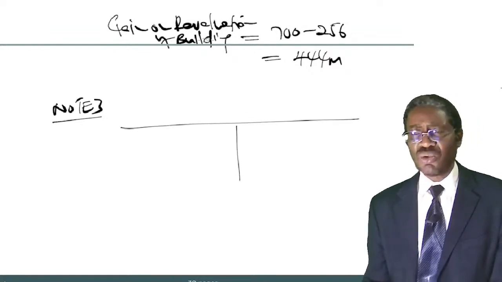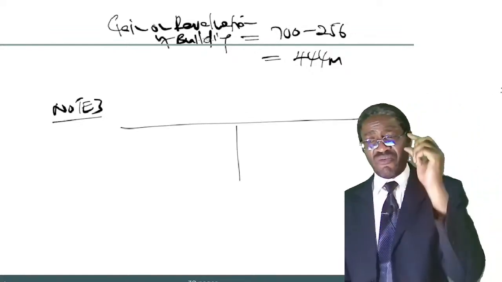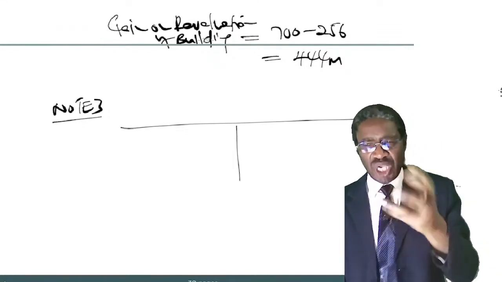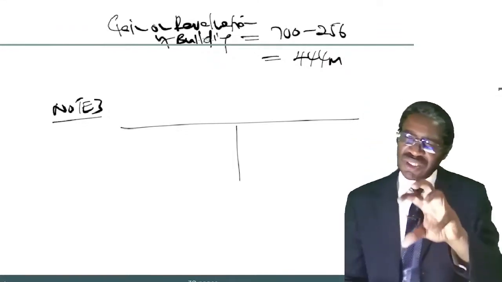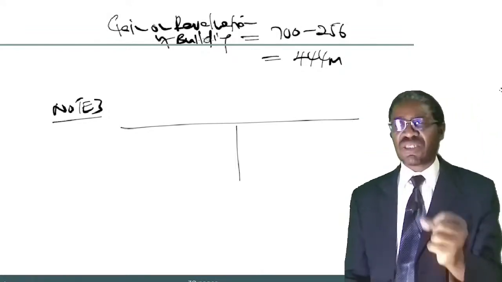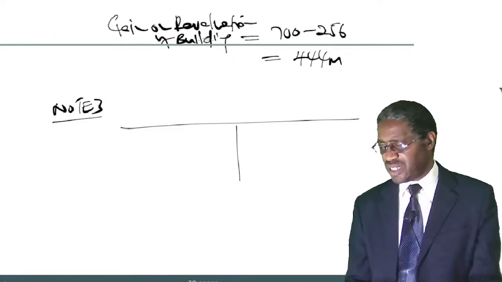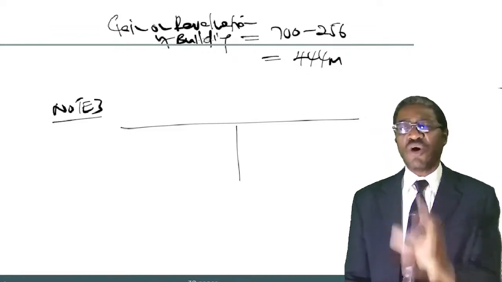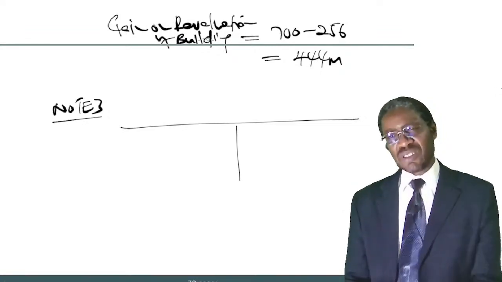We want to know what is the charge for the year. We discussed this last time, how to determine the charge for the year. There are languages the examiner can bring in when it comes to deferred tax. This is just one of the ways they can test you. Here they are telling us deferred tax to be provided at 7 million.